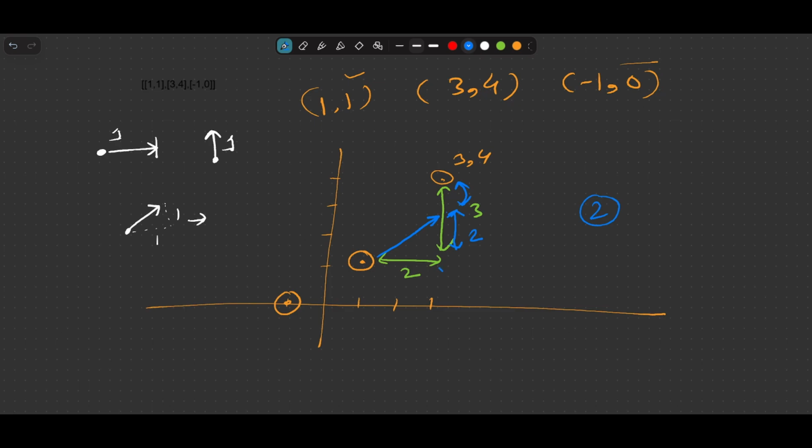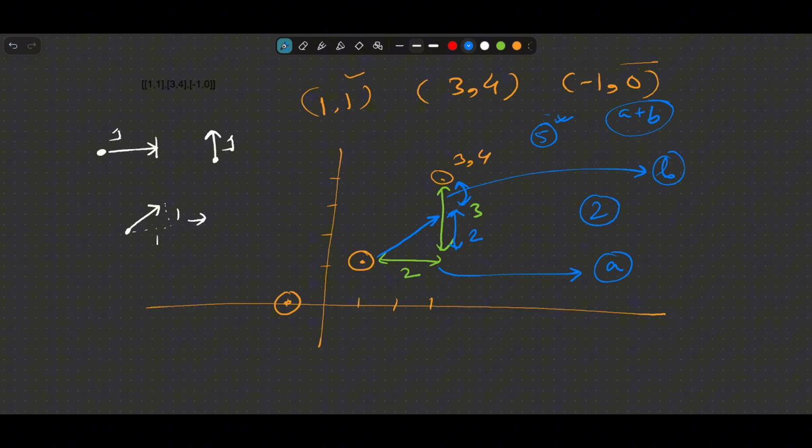Suppose we denote this horizontal distance by A and this vertical distance by B. So the maximum we can get is A plus B. Here 2 plus 3, that's 5, is the maximum.